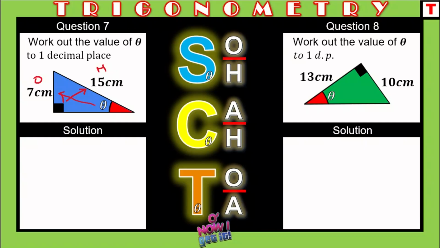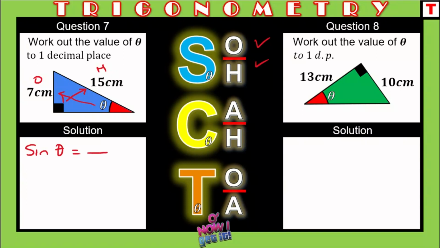So therefore, I'm going to be looking in my mnemonic for O and H, and I can see that happening from the top here for S, and S stands for sine of the angle. So therefore, I would put sine of the angle, and the angle is theta in this case.